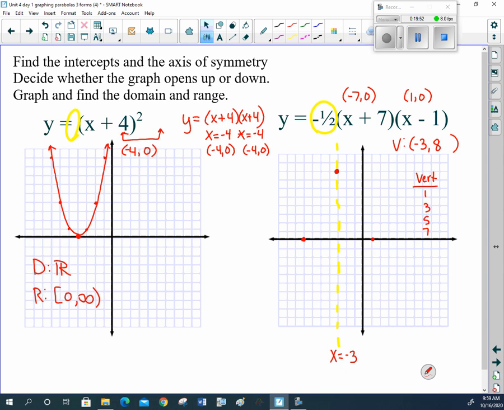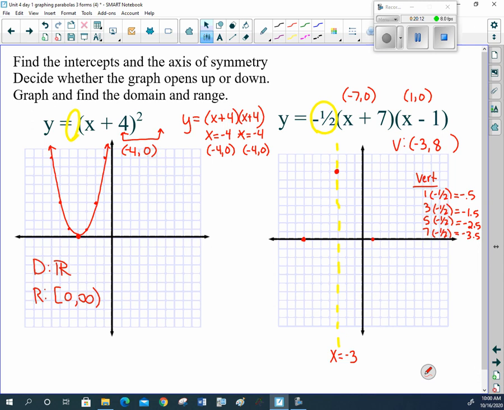But this time we're going to multiply it by a negative 1/2. It's going to be opening down. So negative 0.5, negative 1.5, negative 2.5, negative 3.5.